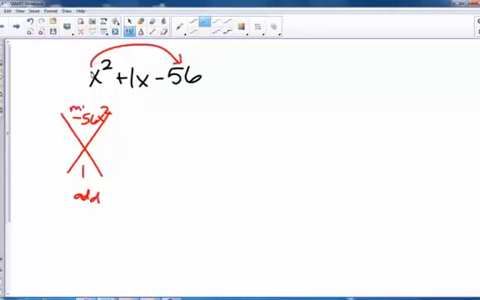Give 1, we would think about factors of negative 56. 8 and negative 7.